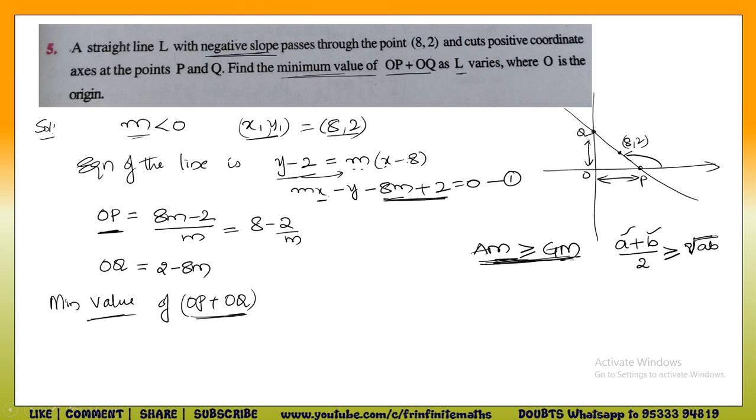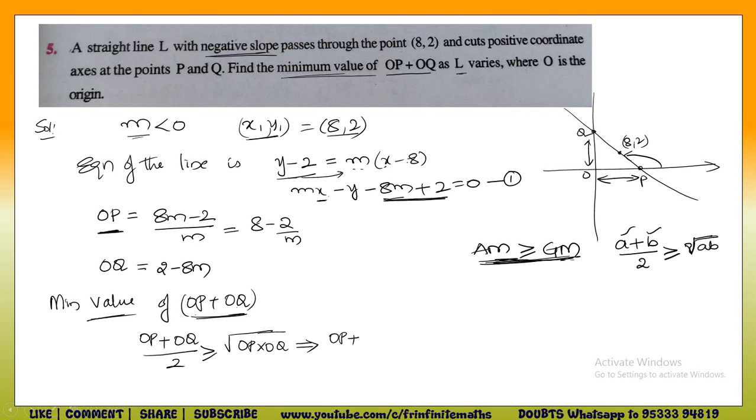Here we have OP and OQ, so OP plus OQ by 2 is greater than or equal to the square root of OP into OQ. Now substituting the values.